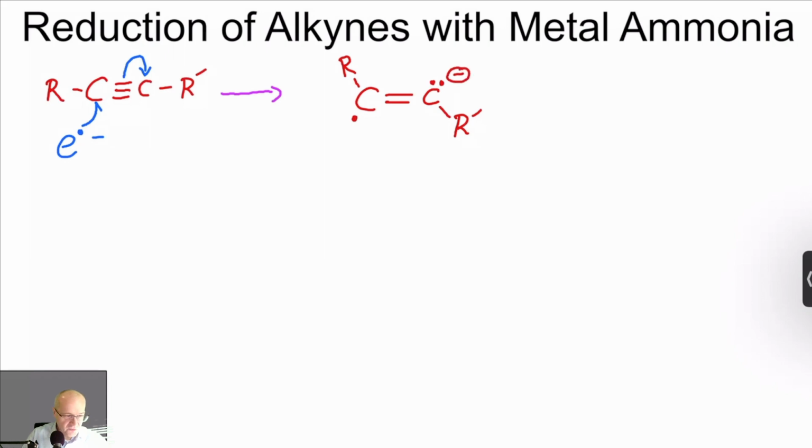So now we have what's called a radical anion. And we've already seen in this unit that anions on sp2 carbons are very basic. In fact, they're so basic, they will deprotonate ammonia.